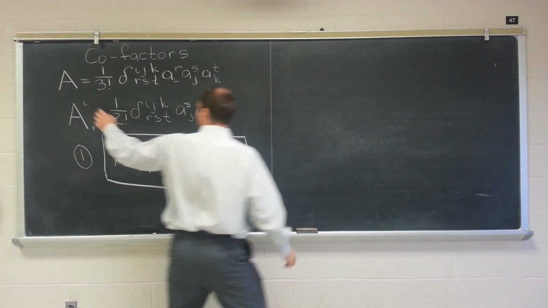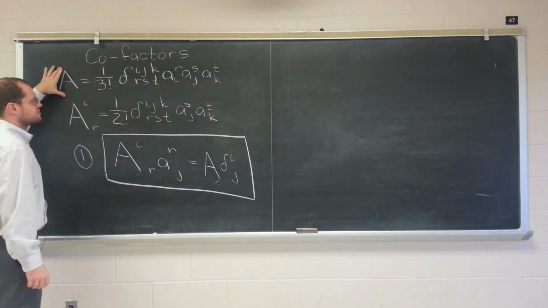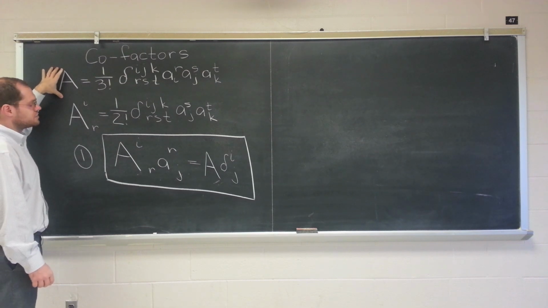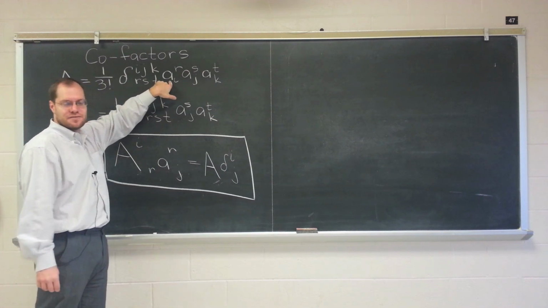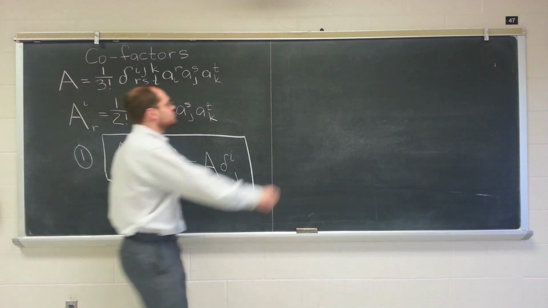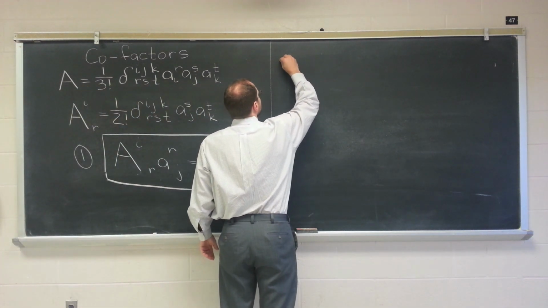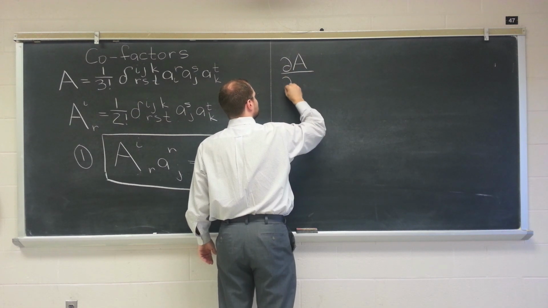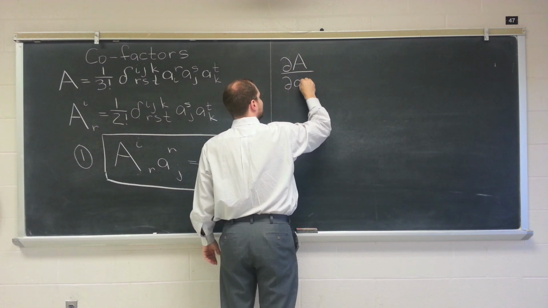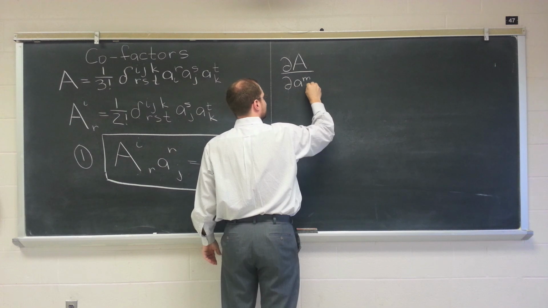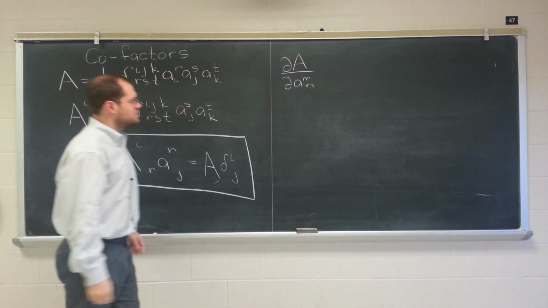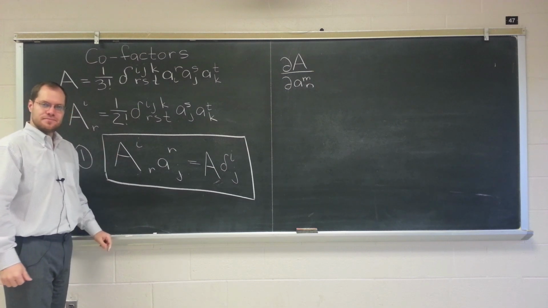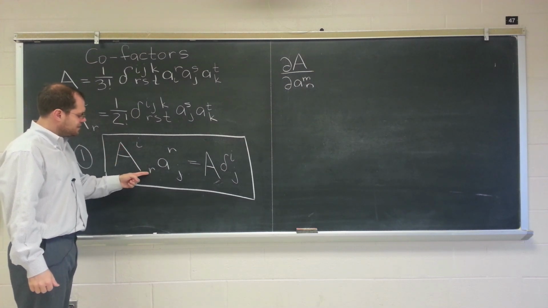So let's try and now think of this value as a function of the 9 entries of the matrix, and take the derivative with respect to one of these entries. We need two new letters, so we'll use M and N, and see what we get. Hopefully we'll get capital A of N, M. That's right. N on top, M on the bottom.